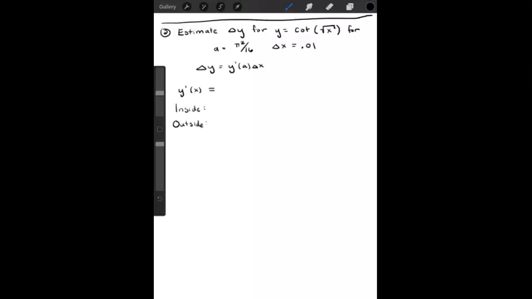That inside function is going to be the thing that we're plugging into cotangent x. And so I'm going to go ahead and fill in the outside because it's the only thing left over. Right, so what is the derivative of the inside? And again, if it's hard to type, you can tell me what rule we're going to use or some things about it.